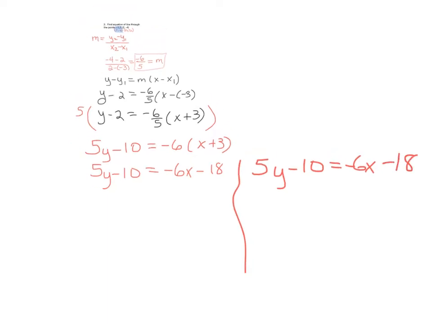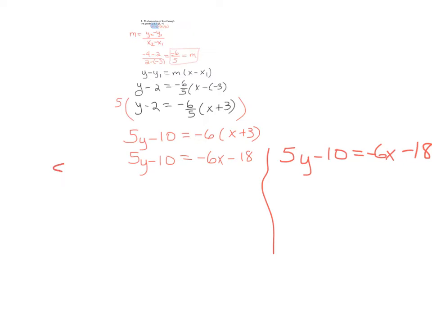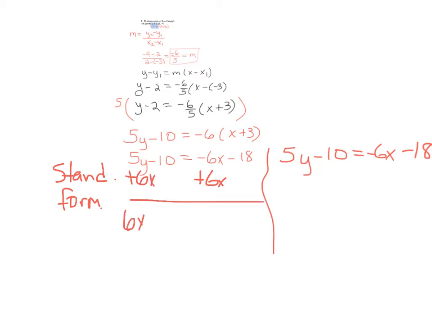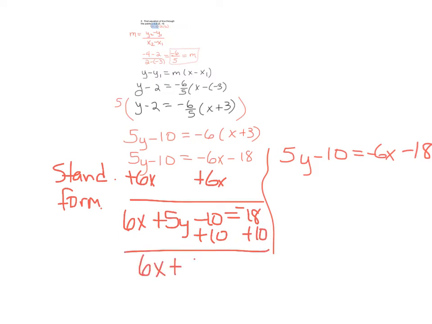If the instruction said to leave it in standard form, which I'm going to do on the left, I would add the 6x and get 6x plus 5y minus 10 equals negative 18, and then I will add the 10 and get 6x plus 5y equals negative 8. This would be standard form.